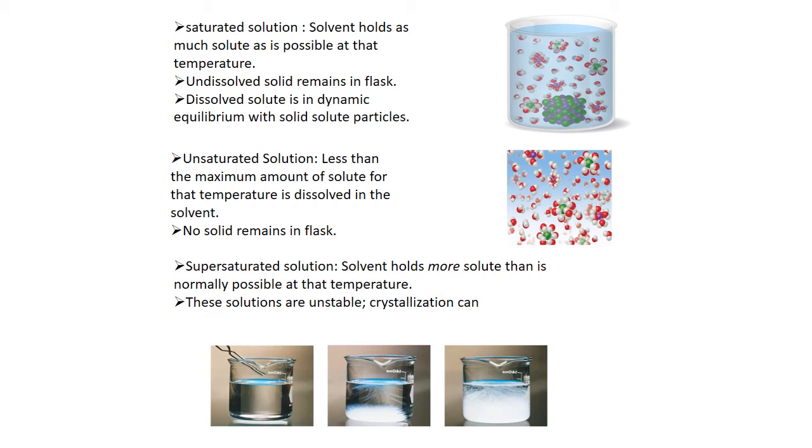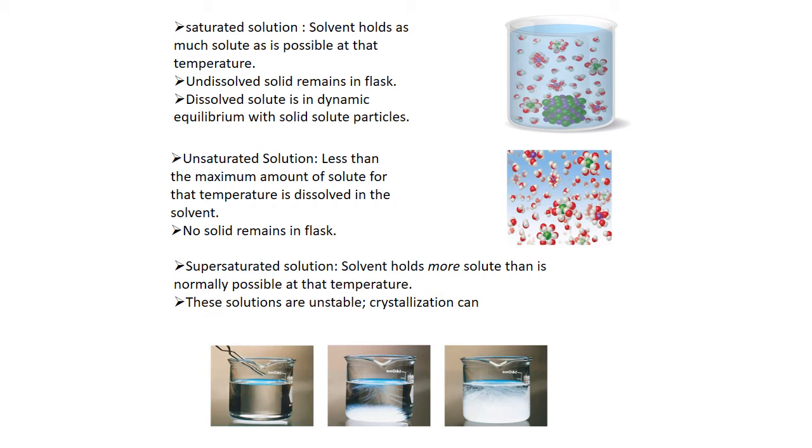Now the unsaturated solution has more tendency to dissolve more of the solute, as its concentration is lesser than that of a saturated solution. When we increase temperature, more of the solute can be dissolved. In unsaturated solutions no solid remains in the flask, meaning all the solute is dissolved in the solution.